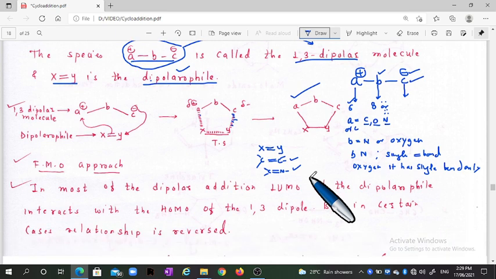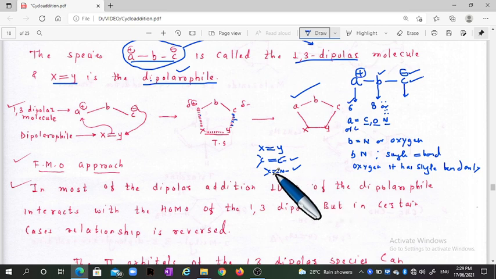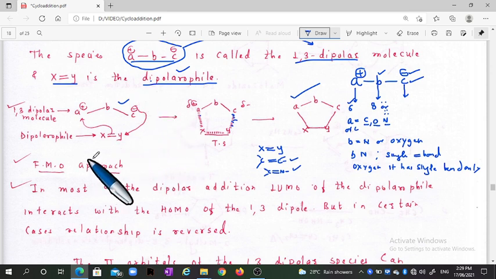Now the stereoselectivity we can predict by using the FMO approach. Suppose the 1,3 dipolar species is unsymmetrical and the dipolarophile species is also unsymmetrical, then the regioselectivity of addition of these can be predicted by using the FMO approach.